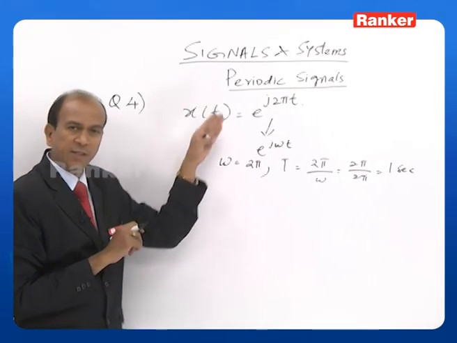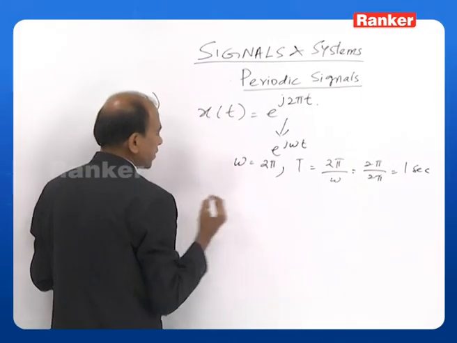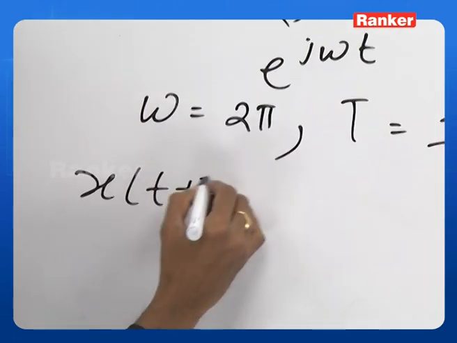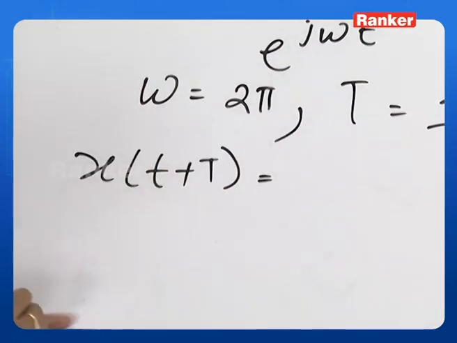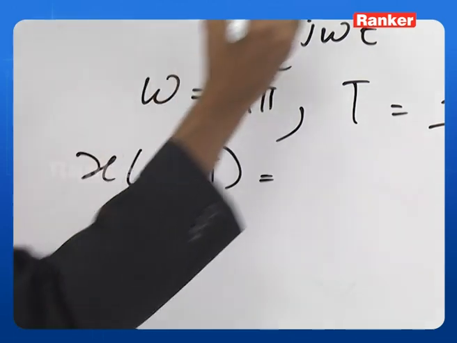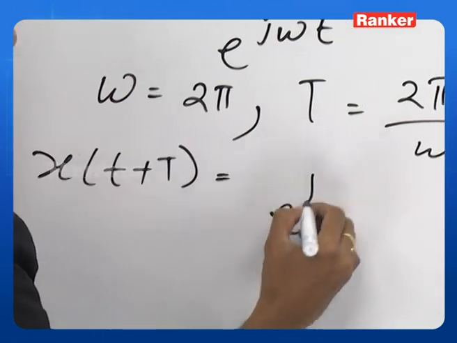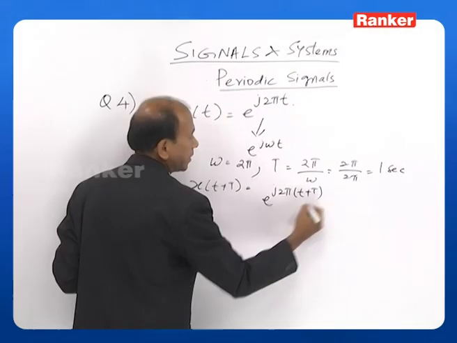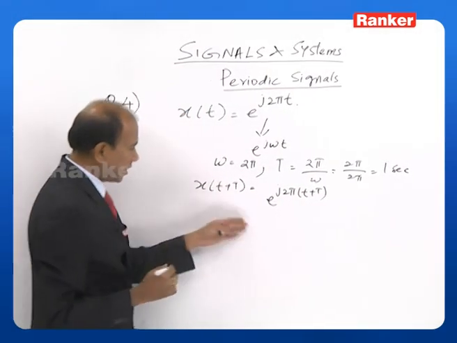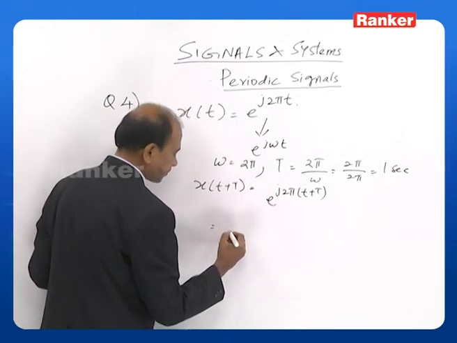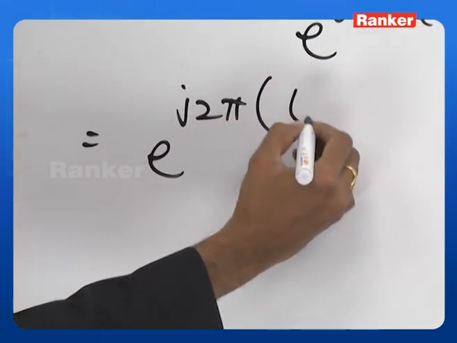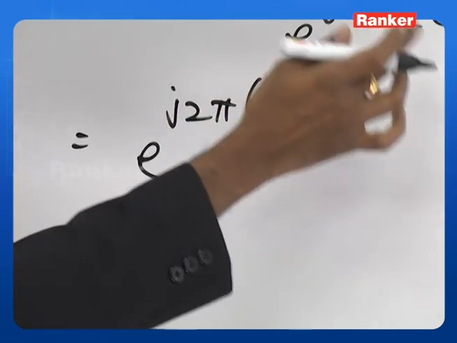Now, we have to prove that this is periodic. So, let us see. What is the condition for periodicity? x of t plus T must be equal to x of t. We will prove that. Now, x of t plus T is nothing but exponential of j 2 pi into t plus T. So, I can write this as e to the power of j 2 pi into t plus, what is T for us?